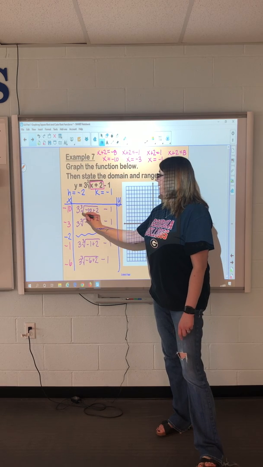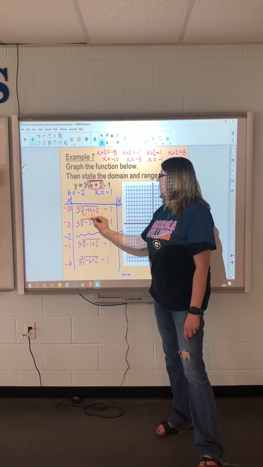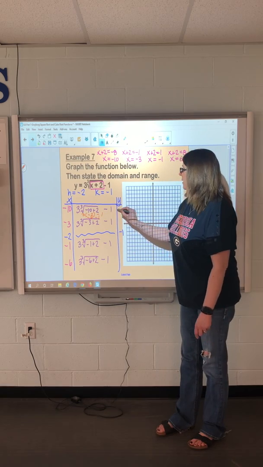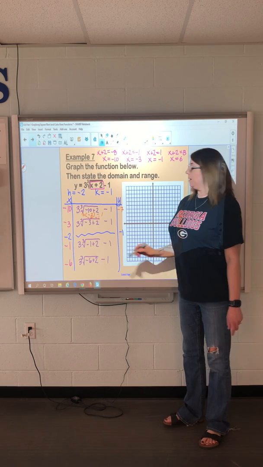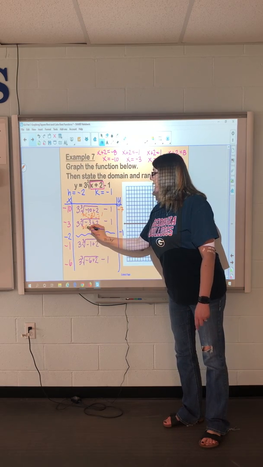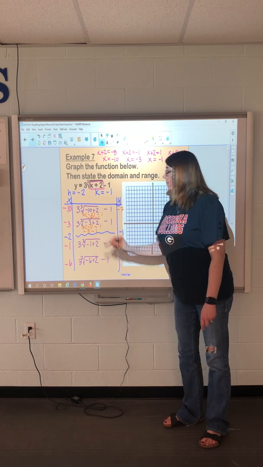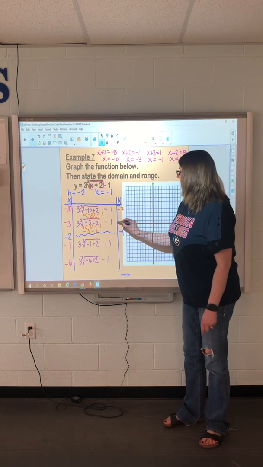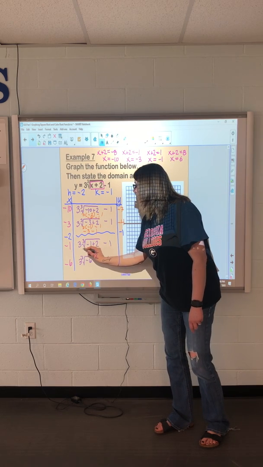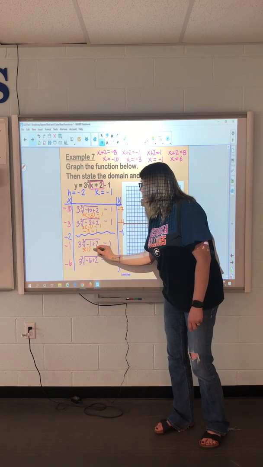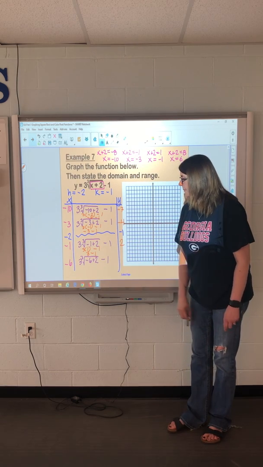The cube root of negative 8 is negative 2. 3 times negative 2 is negative 6. And negative 6 minus 1 is negative 7. Next one, negative 3 plus 2 is negative 1. Cube root of negative 1 is still negative 1. 3 times negative 1 is negative 3. And negative 3 minus 1 is negative 4. Negative 1 plus 2 is 1. Cube root of 1 is 1. 3 times 1 is 3, and 3 minus 1 is 2.